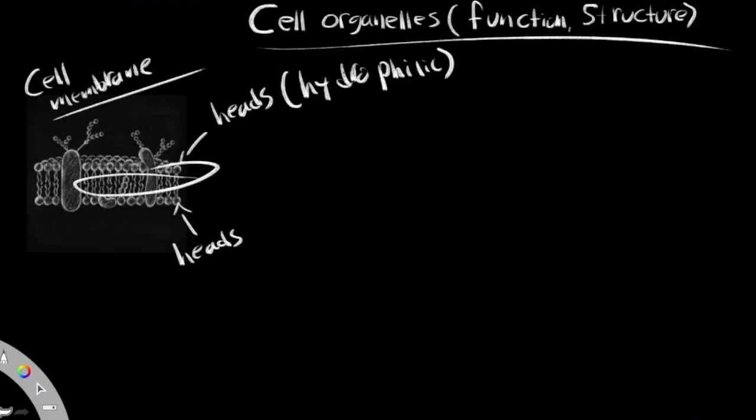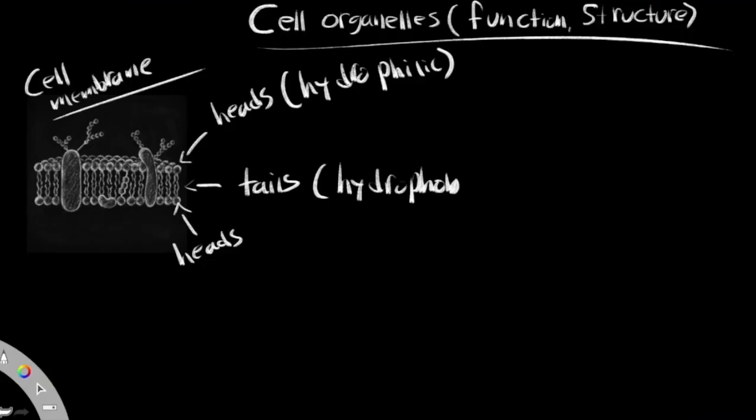What we have on the inside here are the tails, and we consider these hydrophobic because phobia means scared of, so it's scared of the water. That's why it stays within the inside, away from the aqueous environment.